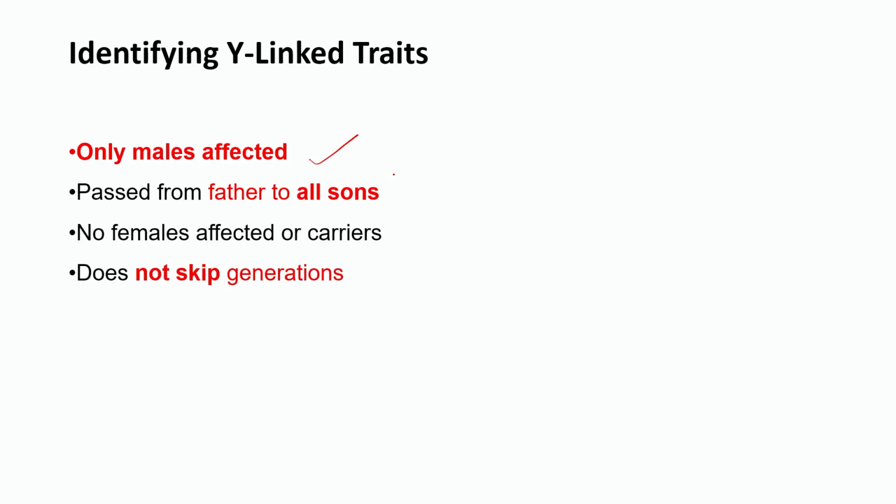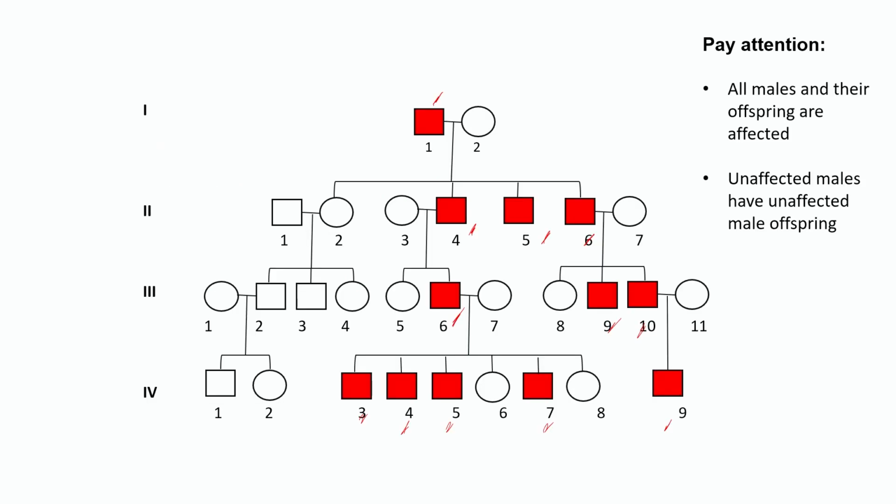So what are the other points that differentiate the Y-linked trait? Only the males are affected. It passes from father to all sons. No females are affected or carriers. It does not skip generations.